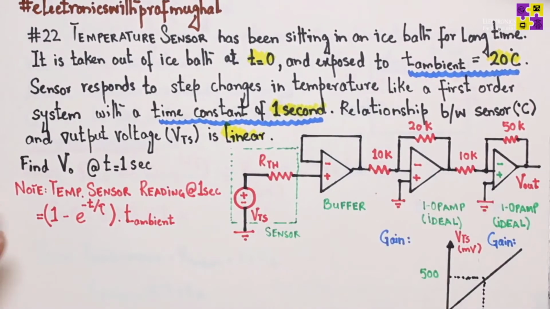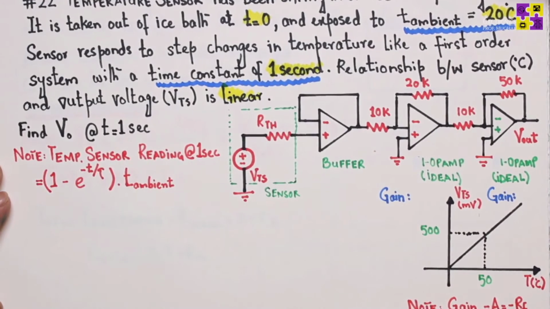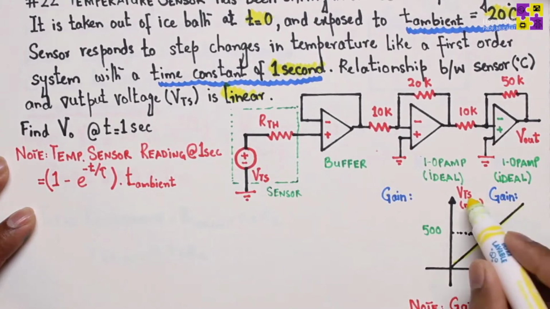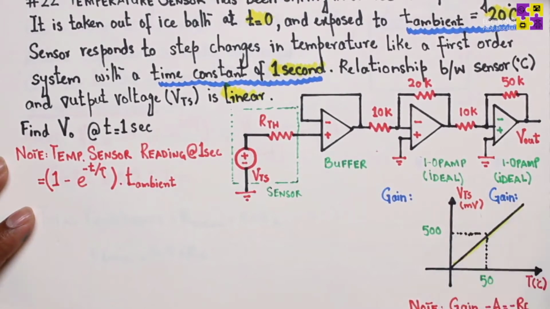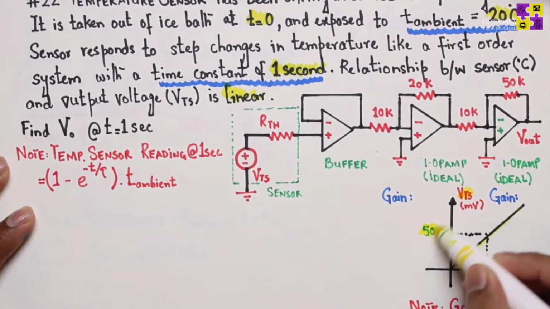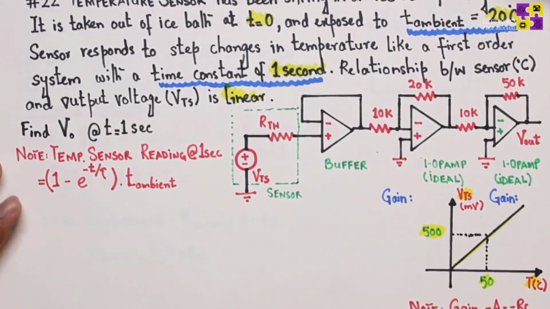And right at the bottom, there is a graph given over here which tells you that, because there's a linear relationship between the VTS, which is the output voltage, and the temperature, at 50 degrees centigrade, that corresponds to 500 millivolt of output voltage, right?